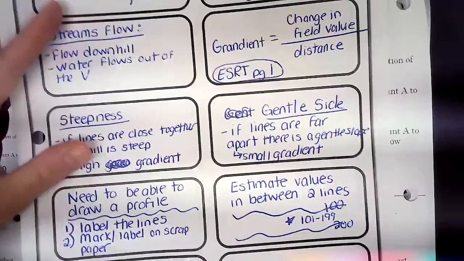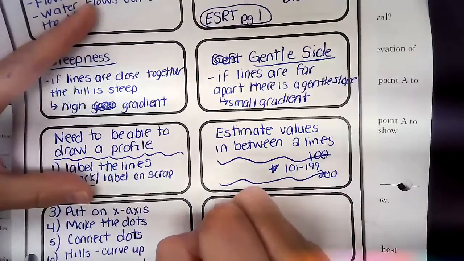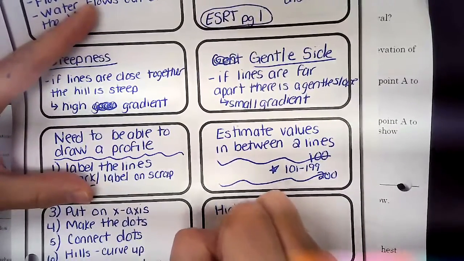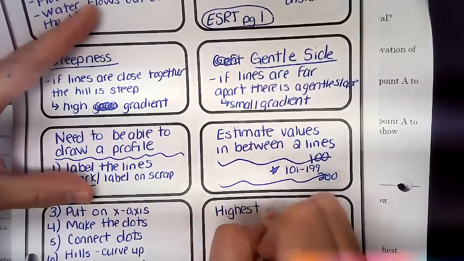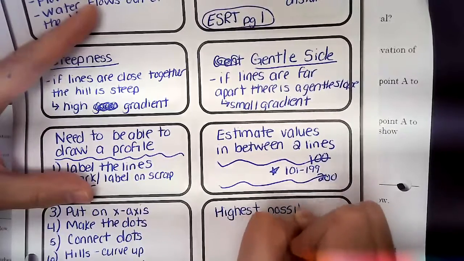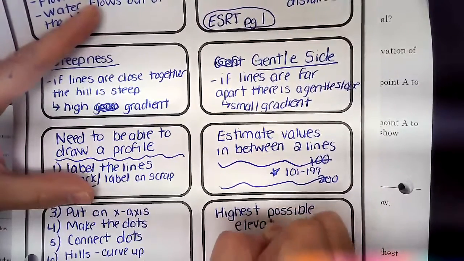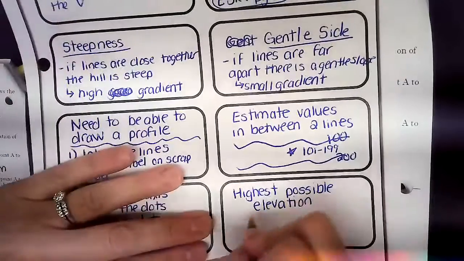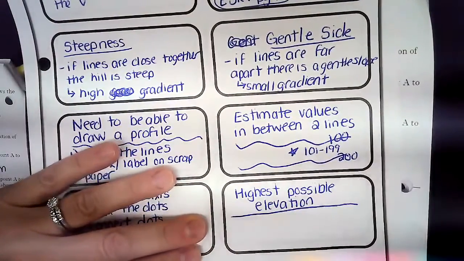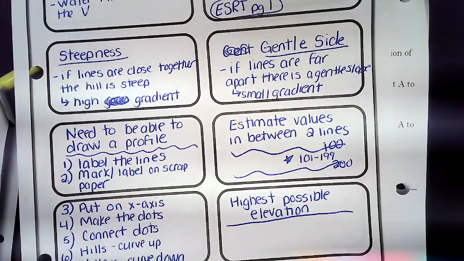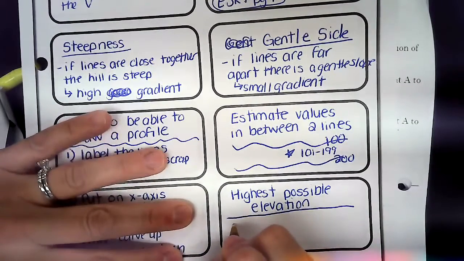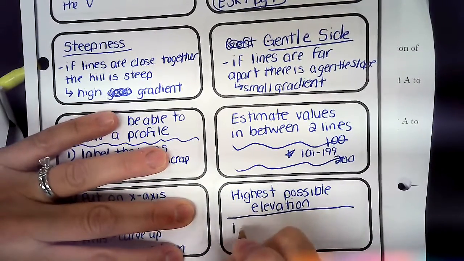As long as we're at it, I don't think I had it on the homework. Let's talk about the highest possible elevation. How do we figure out the highest possible elevation? Okay. I like how you wrote that.